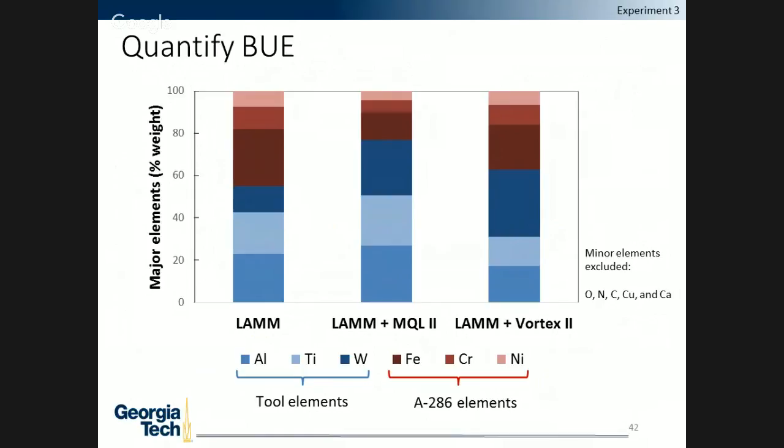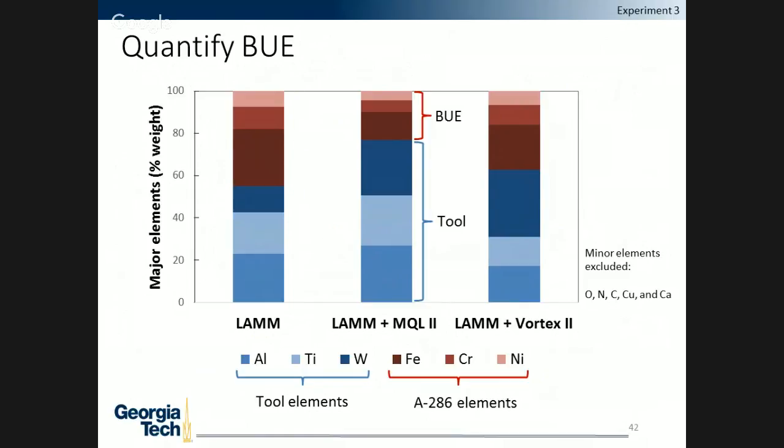So shown in this graph are the workpiece elements in shades of red, and the tool elements in shades of blue. And as can be seen for the LAMB case, we see significant built-up edge, almost 41% along that flank view of the tool.